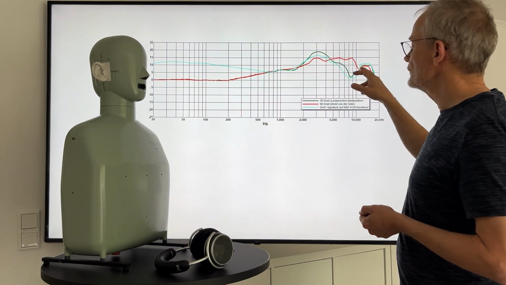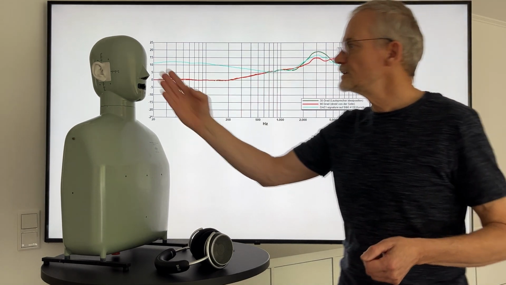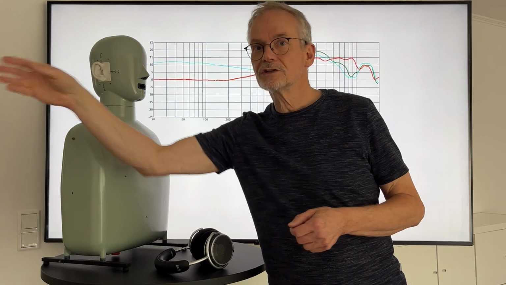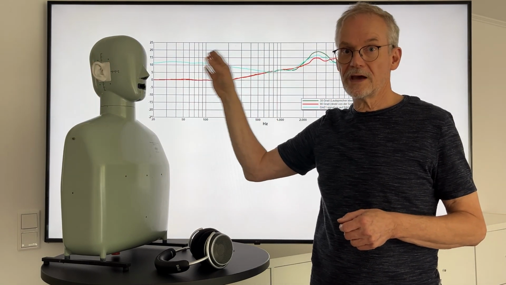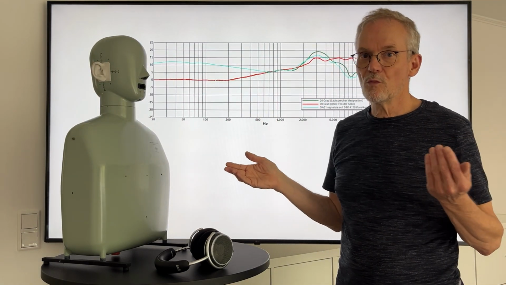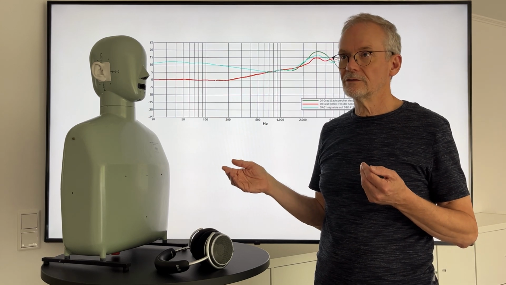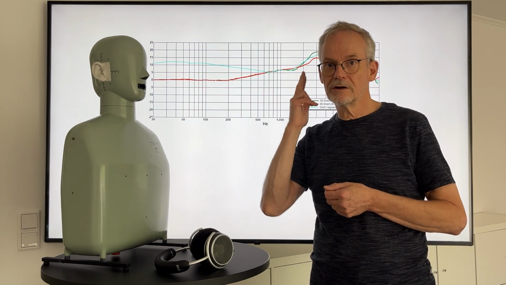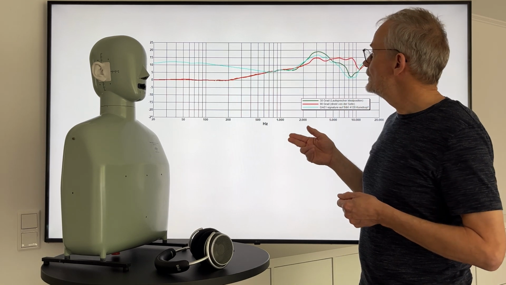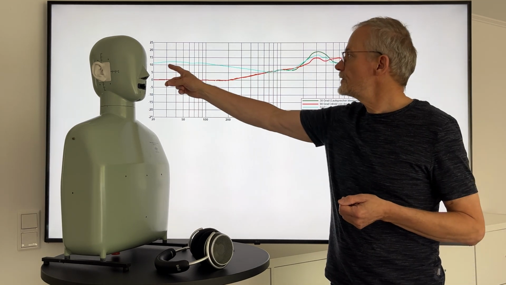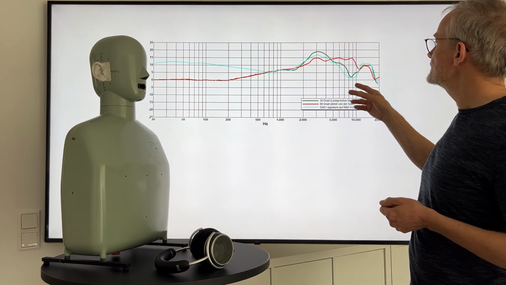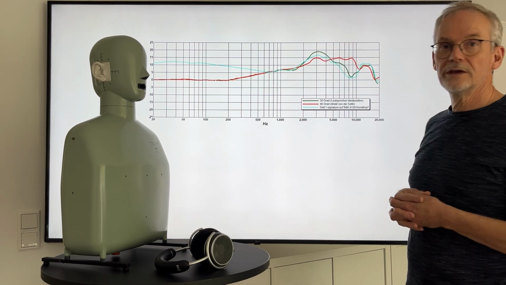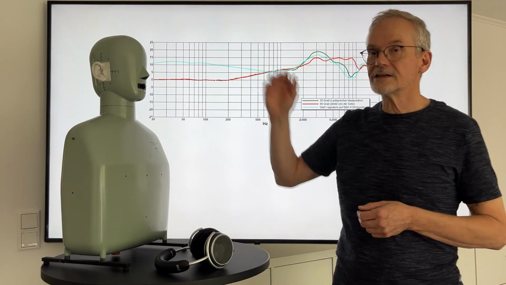The red curve shows the 90 degrees position, which is more the position where the driver of a traditional headphone is, hovering over the ear. And the curve you see in cyan is the curve that an OAE1 produces on that head.